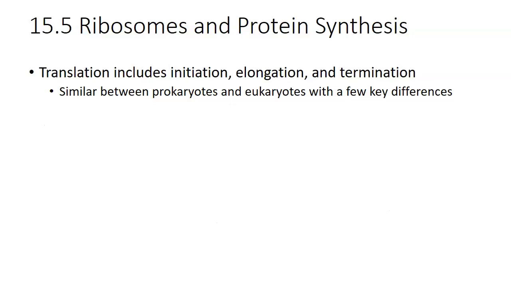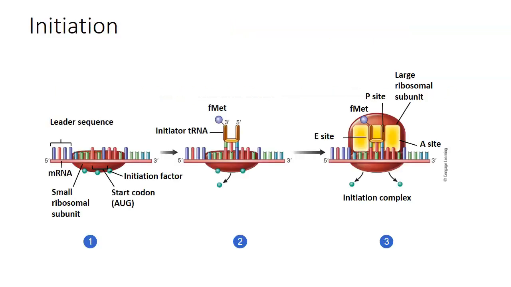So there's 3 steps. And the steps have the same name as we named those steps in transcription. So we've got translation here. We've got 3 steps: initiation, elongation, and termination. And again, very, very similar between prokaryotes and eukaryotes, just a few key differences that we'll point out.